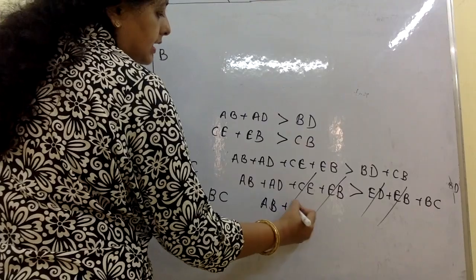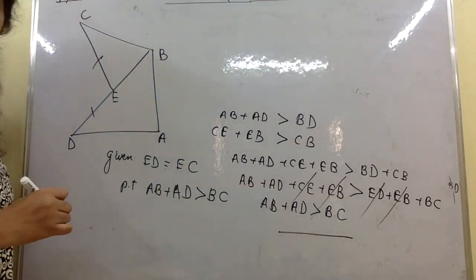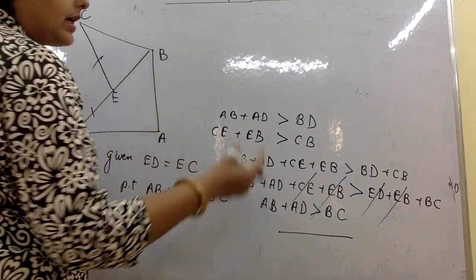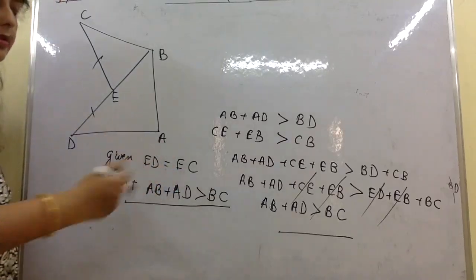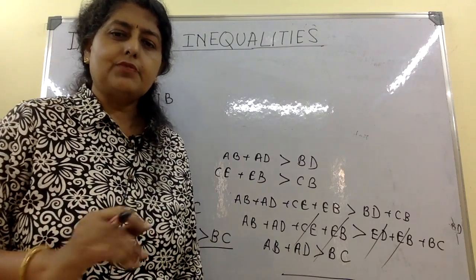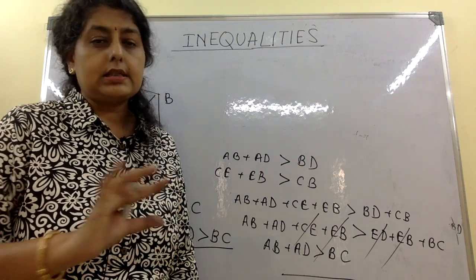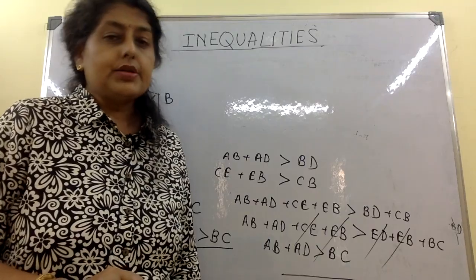AB plus AD is greater than BC. So after adding and cancelling, we get what they wanted. These were a few of the questions I felt were a little different. The rest are the same types, so you can do the exercise now after seeing this video.